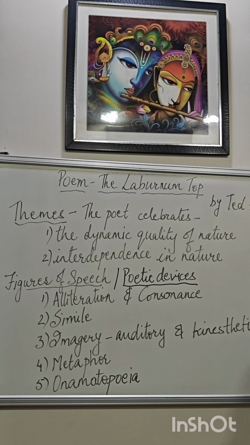Imagery is a poetic device where, because of the strong use of words, the poet creates an image in your mind and you can actually imagine what is happening there.